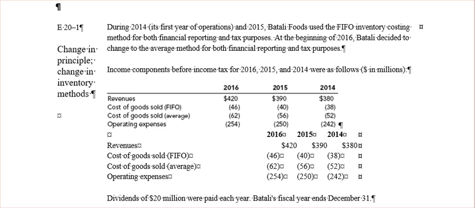We are saying that the income before taxes is similar to what you had in your PowerPoints. We have revenues. We have cost of goods sold under several different methods. It's probably helpful to note that the difference between FIFO and average, as you can see in 2015, is going to be 16, and then in 2014, it's going to be 14.